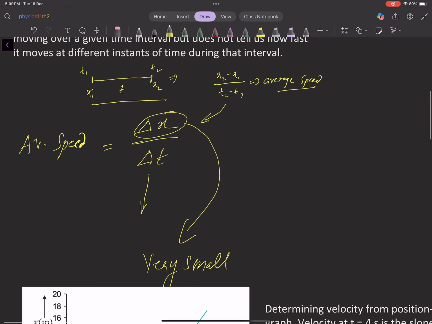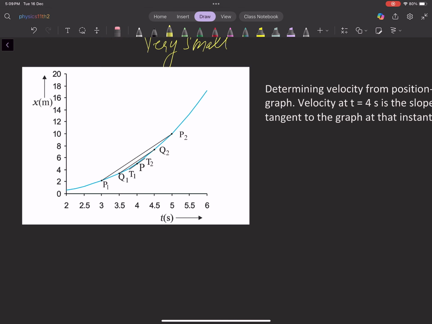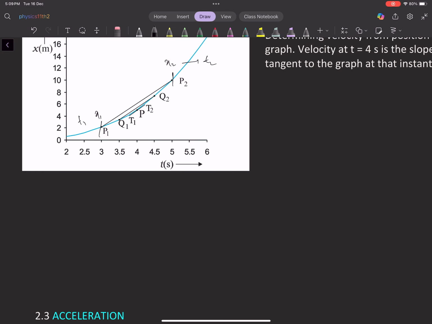That is average speed. Now, let's say this was your x1 at t1 and this was x2 at t2, right? So this is the graph of distance versus time. Okay. Now what we are doing is we will decrease this distance. So first one is P1, P2 point.